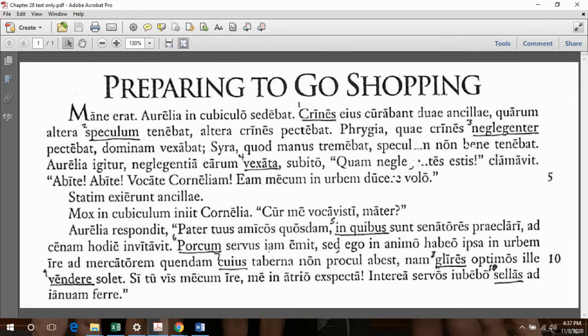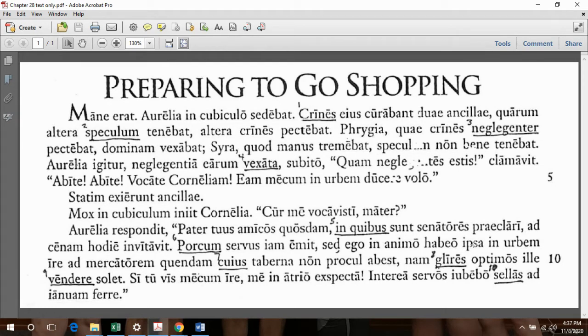So a slave already has bought a pig, porcum, said ego, but I, and that is the verb habeo, with an O ending, ego emphasizing, I have in mind, and it's ego ipsa. Since it's ego ipsa, and ipsa is from ipse, ipsa, ipsum, just like ille, illa, illud, it forms in the exact same way.